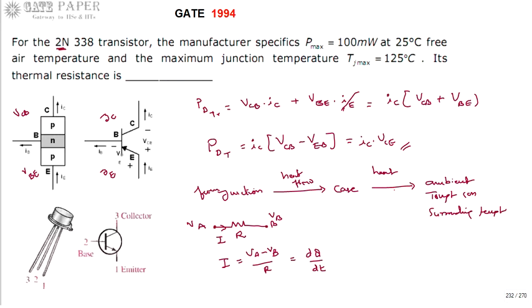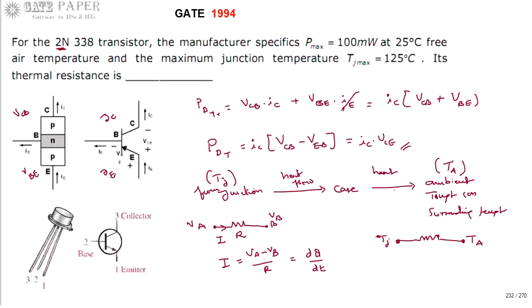In a similar way, the two nodes are the junction temperature Tj and the surrounding or ambient temperature Ta. The flow is heat energy: power is transmitted between the two nodes, Tj and the ambient node Ta.